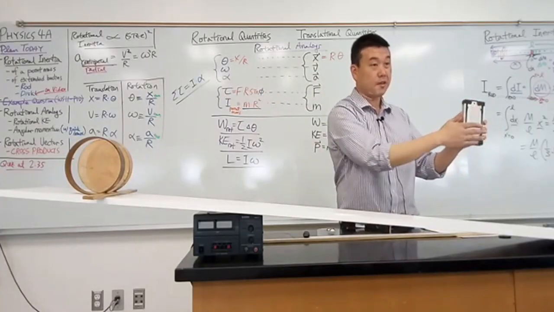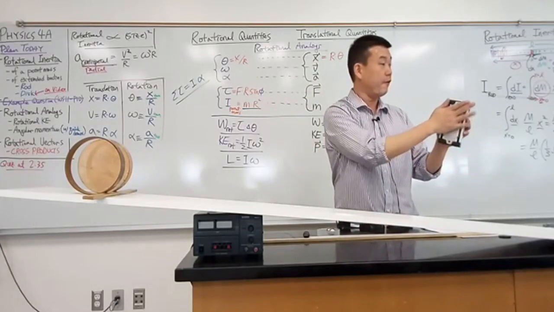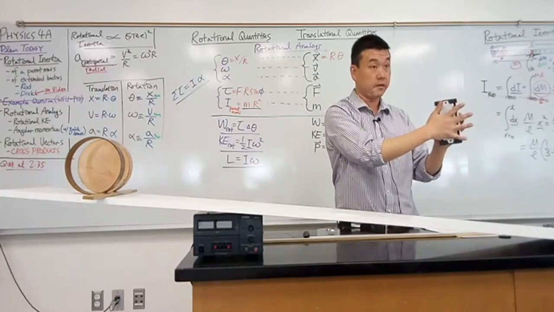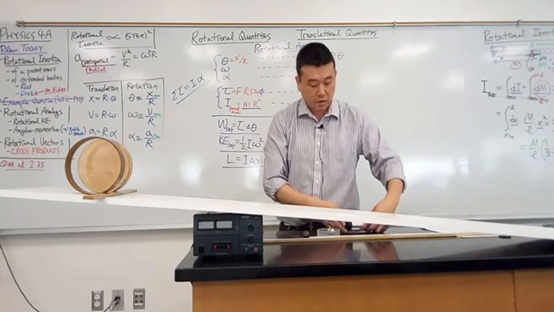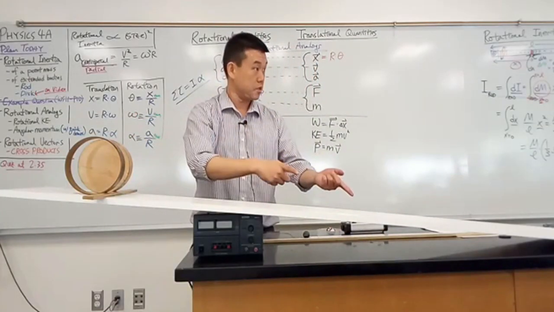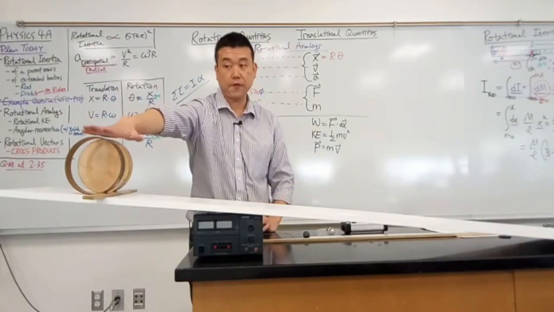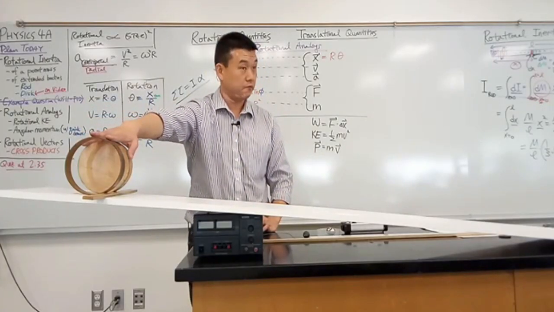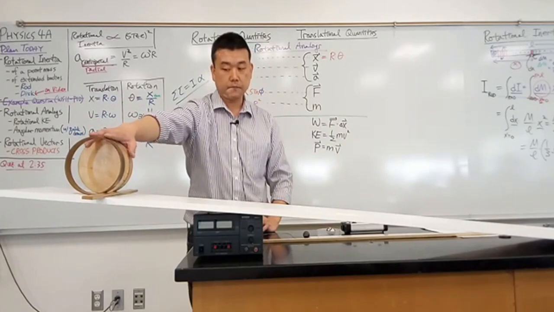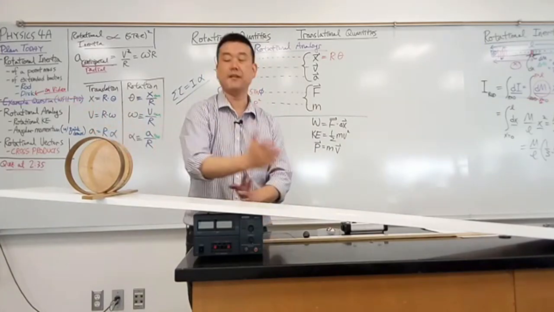I mean, these wheels are rotating, but they are so tiny that there's very little mass and energy associated with it. Once you are looking at things that roll, it changes. As it rolls, a significant amount of its energy will be in rotational kinetic energy.